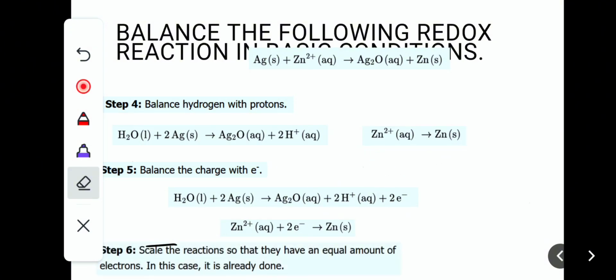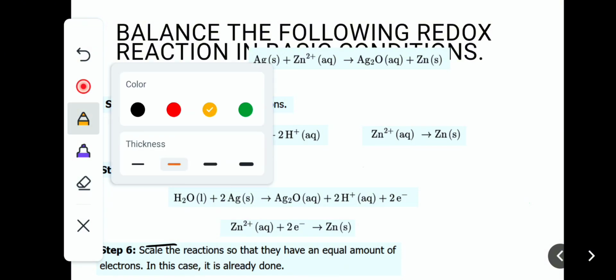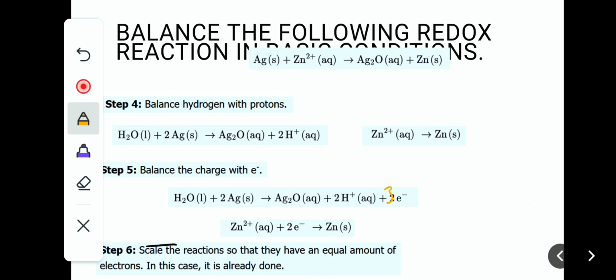Now, after balancing your charge, you must make sure that the number of electrons in both of the half equations are the same. So in this question, they happen to be the same, but if they weren't, let's say here there was a 3, and then here there was a 2, then you would have crossed the multiplication.